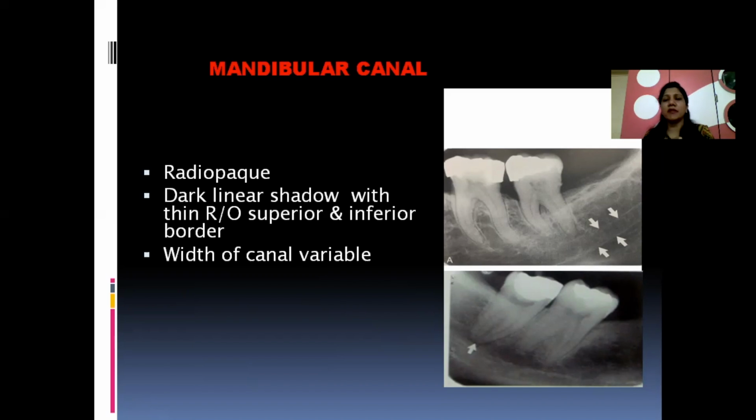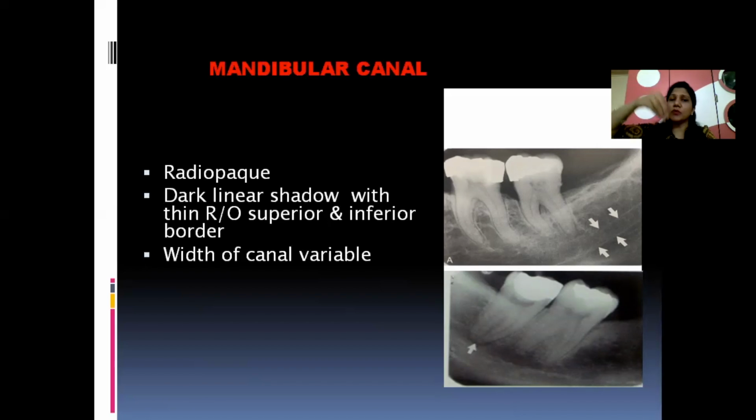Whenever you are tracing the mandibular canal, the one concept is that this is 2-dimensional imaging and your object is 3-dimensional. You should know that the canal is passing through the mandible body, and there are structures which are present buccally and lingually. Okay, buccal and lingual, and then there is overlapping of these structures.